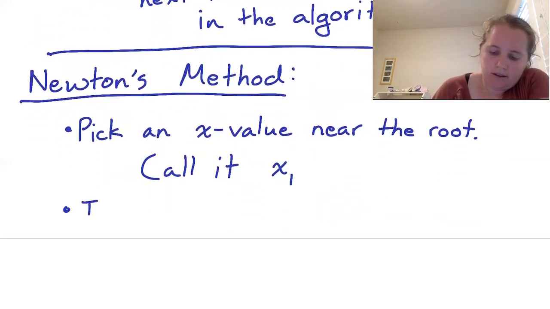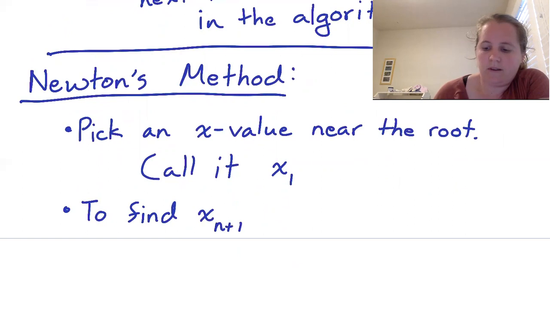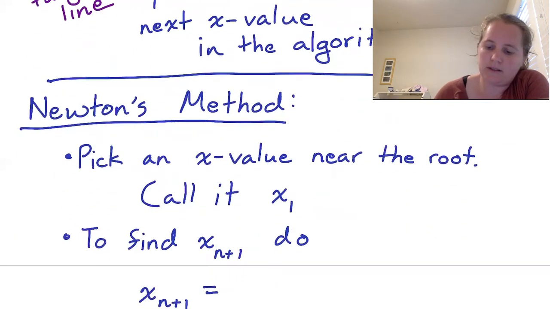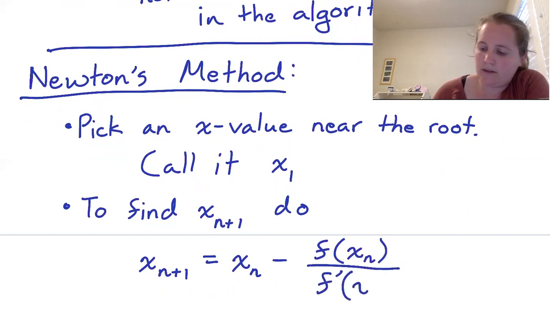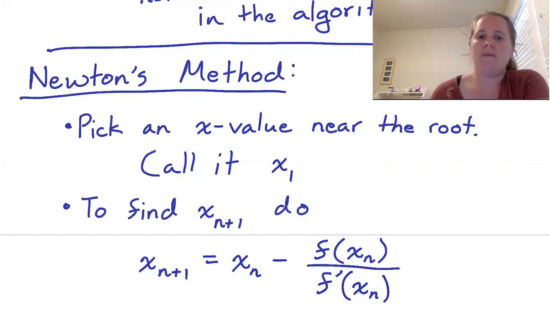Then to find x sub n plus 1, we use the formula we just got: x sub n plus 1 is equal to x sub n minus f evaluated at x sub n divided by the derivative of f evaluated at x sub n.